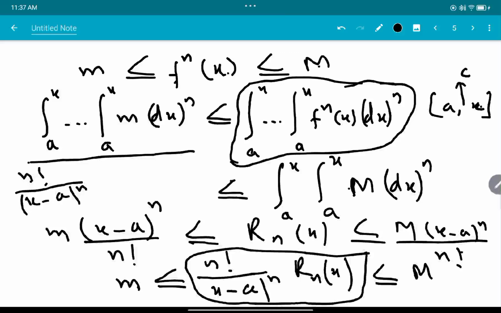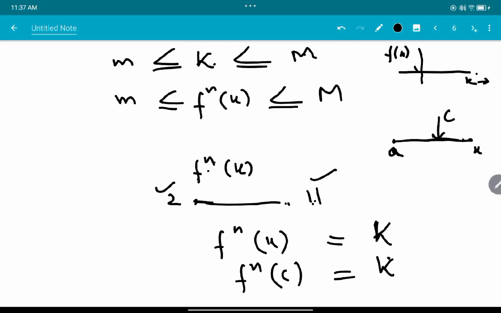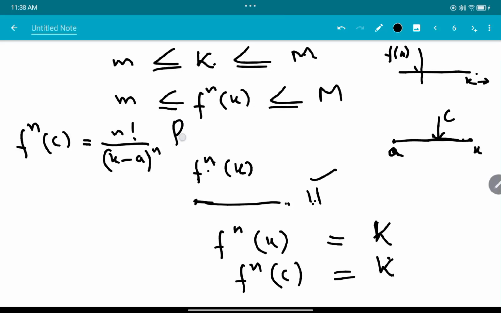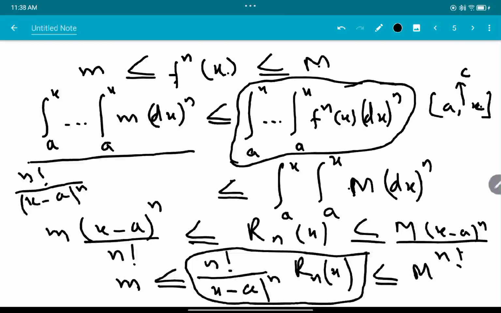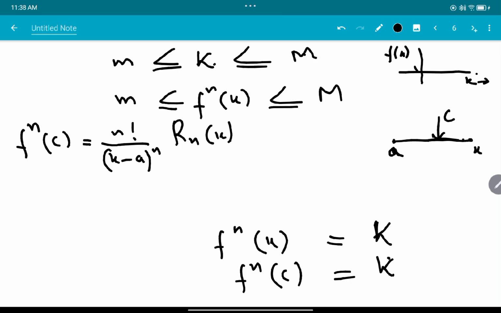So we can say f^n(c) is equal to k times n factorial divided by (x minus a) raised to n, or n(x). Coming back to this, we can now find out the value of R_n(x).